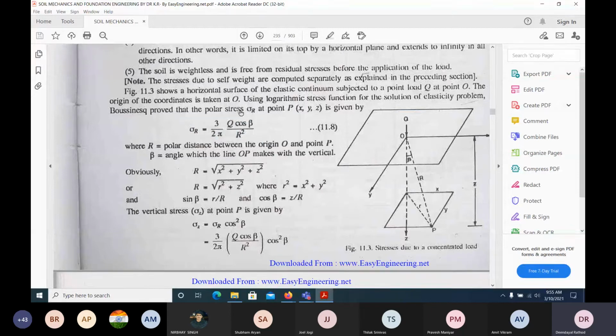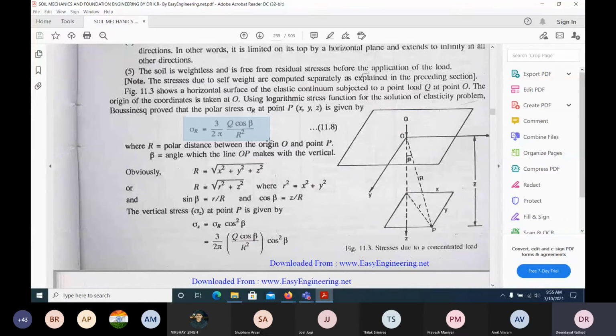Boussinesq proved that the stress at a point P, at a polar distance R, with coordinates x, y, z, is given by this equation.